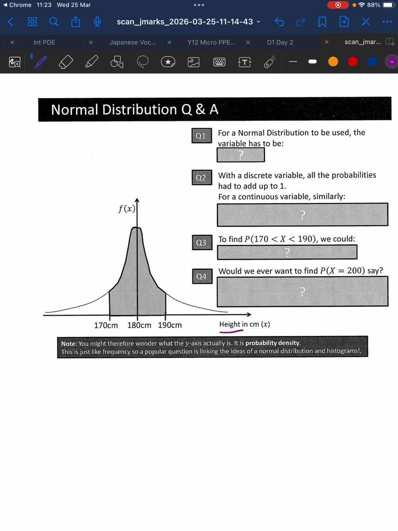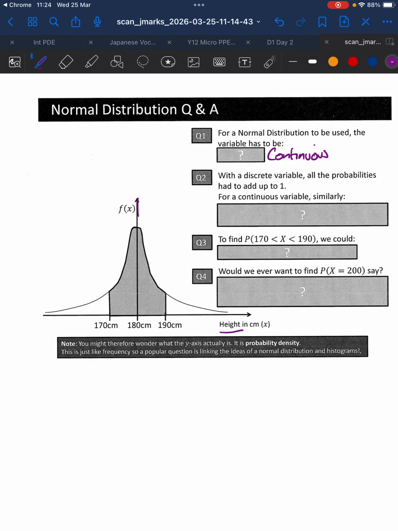So we've got height again. We've moved the y-axis here to sort of go down the middle of the curve, okay? Because it's symmetrical, it makes a lot of sense to do that. So for a normal distribution to be used, we can say that this is for continuous data.